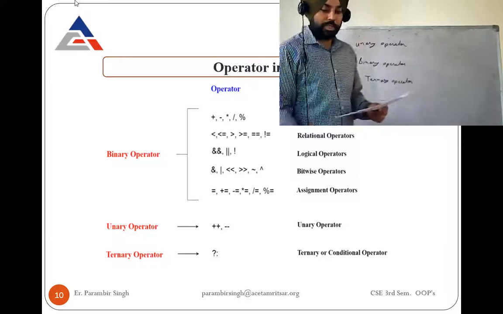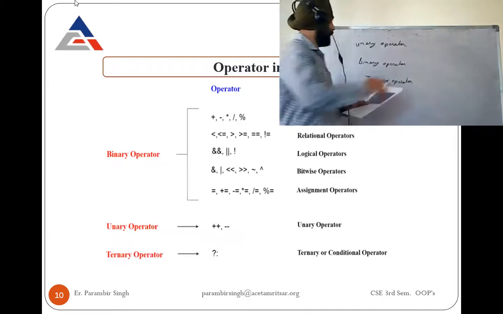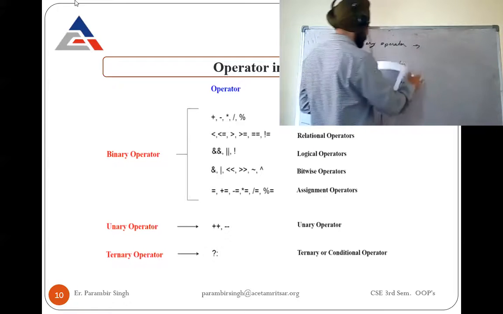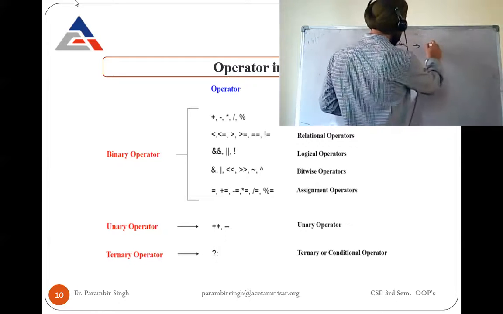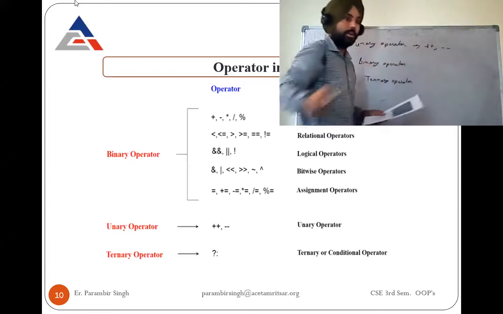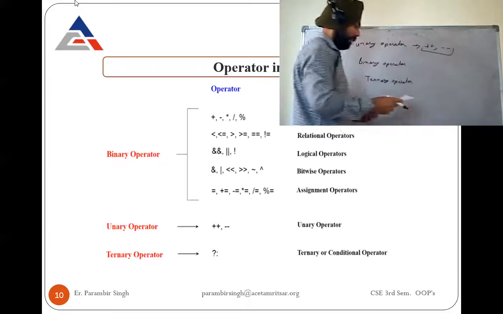So in C++ we have three different types of operators. The unary operators are plus plus and minus minus.